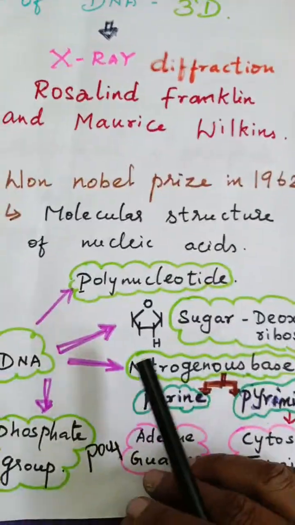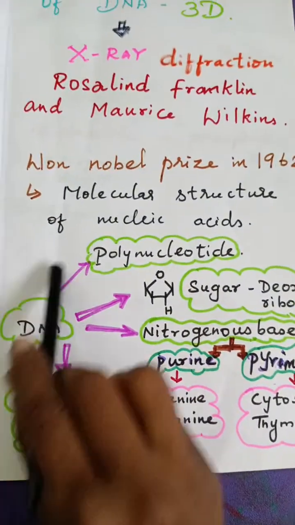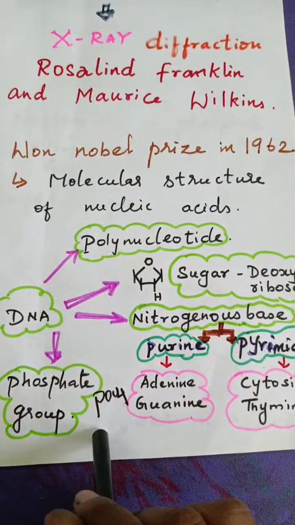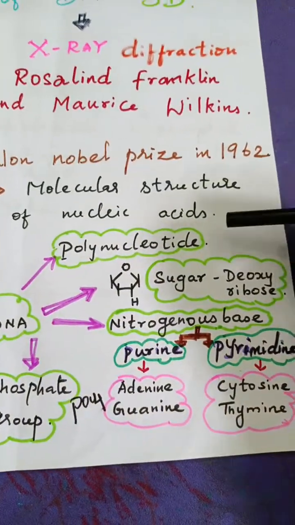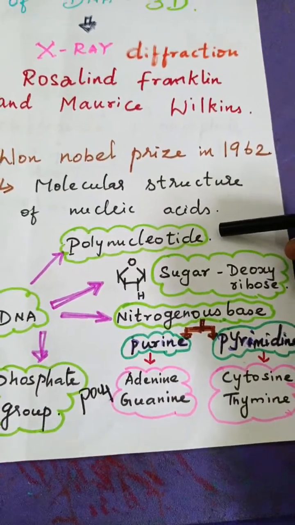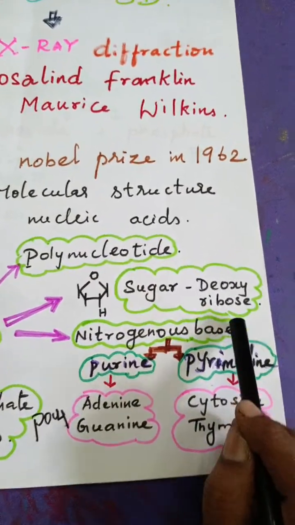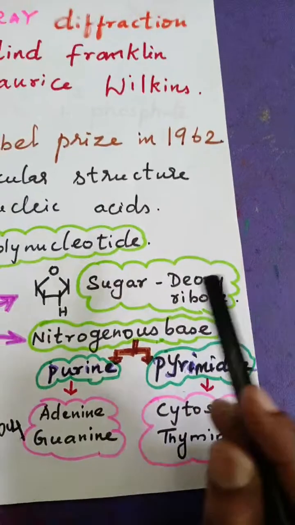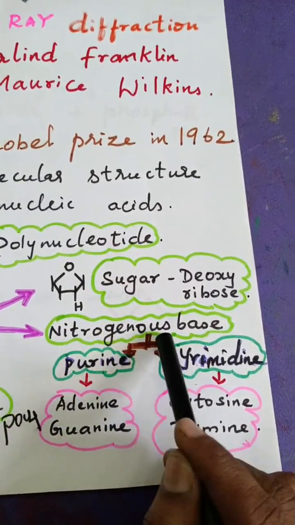Okay. So next, we studied in this session the basic structure of DNA. The DNA is a polynucleotide, and this polynucleotide has a large number of nucleotides in it. The main constituent of DNA is the deoxyribose, and along with that it has a nitrogenous base.